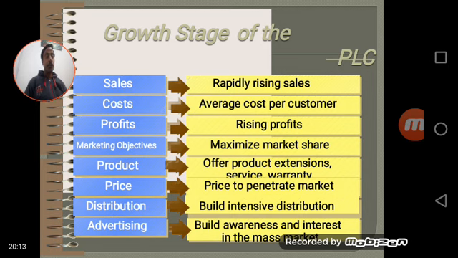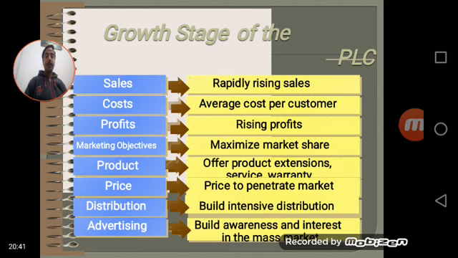So distribution. In the first, introduction stage, the distribution was traditional. They were only selling to some distributors. Now in this stage, growth stage, they will expand the distribution system. An expansion distribution system policy will be followed. Now what will be the advertising? Advertising, they will build awareness and interest in the mass market.